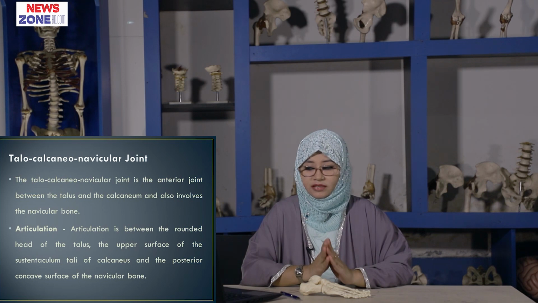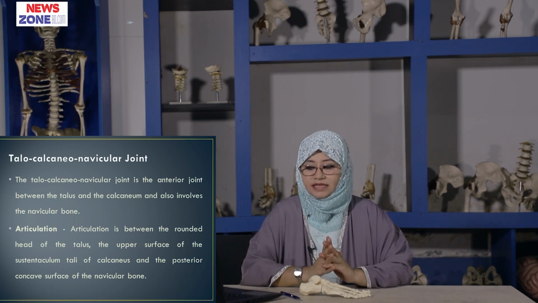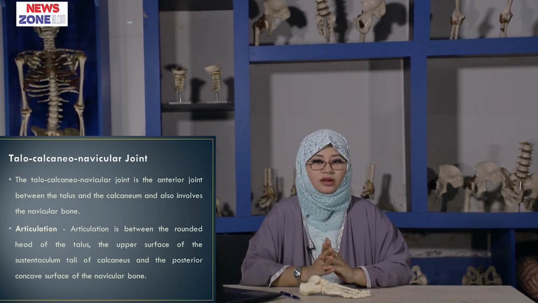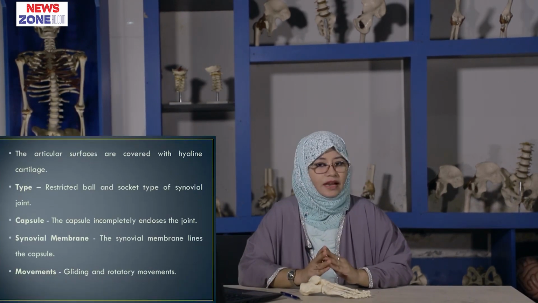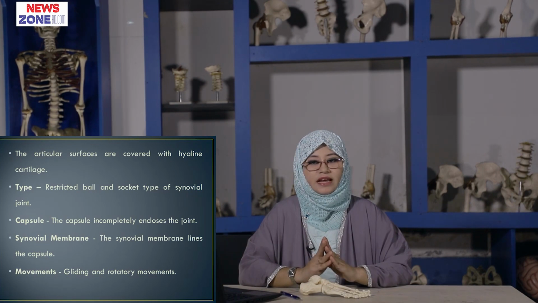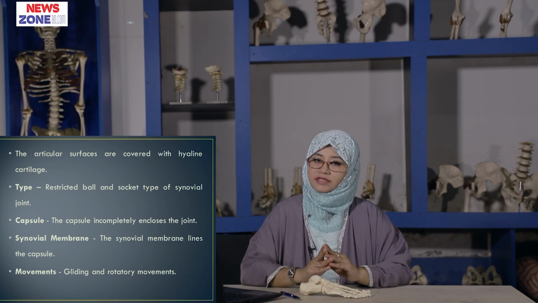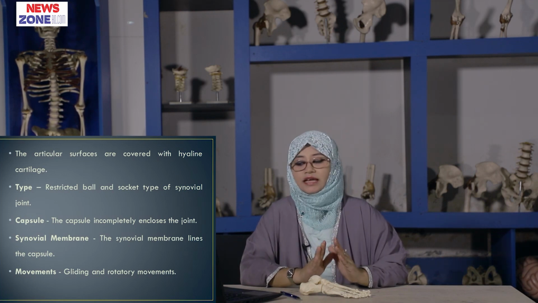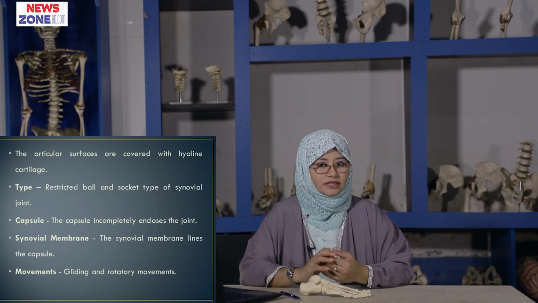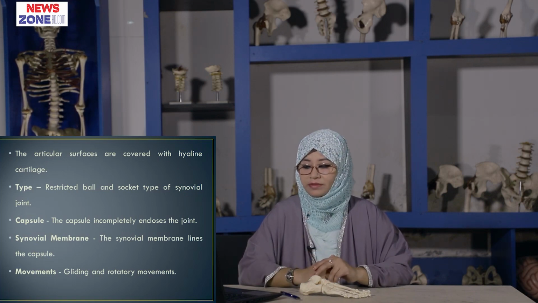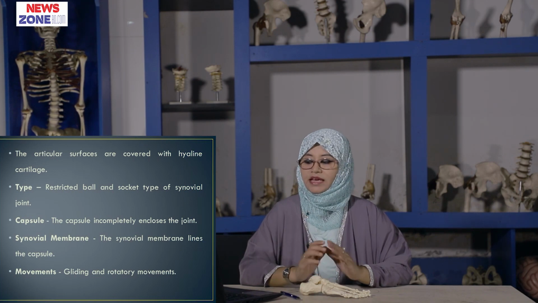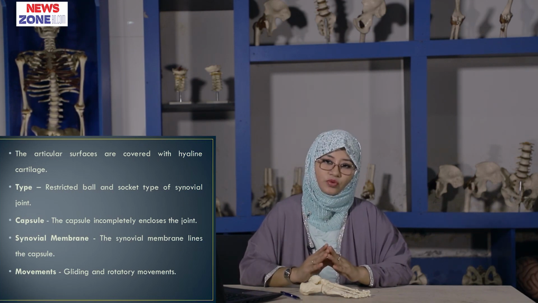The articulation is in between the rounded head of the talus, the upper surface of the sustentaculum tali of calcaneum and the posterior concave surface of the navicular bone. The articular surfaces are covered by hyaline cartilage, and this is a restricted ball and socket type of synovial joint. Capsule. The capsule incompletely encloses the joint and the synovial membrane lines the capsule. Here gliding and rotatory movement occurs.